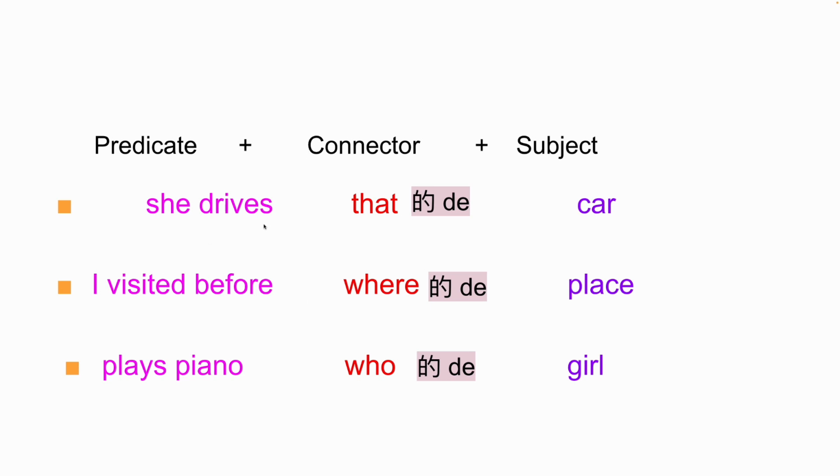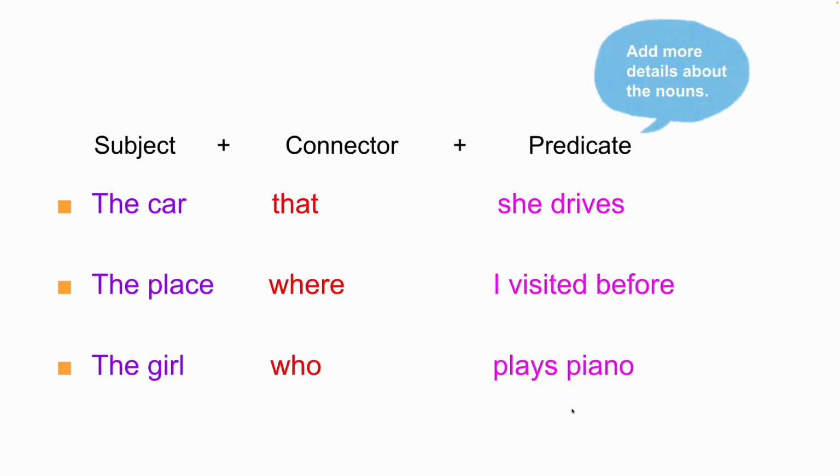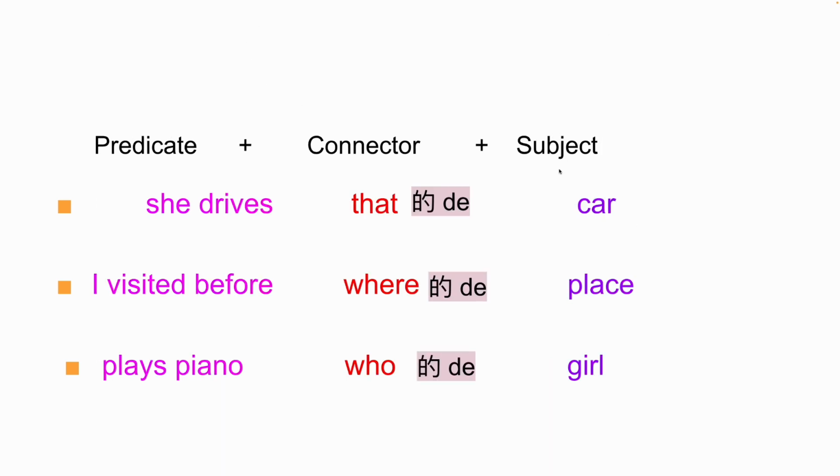She drives, 的, the car. That's how we translate the sentence from the car that she drives to Chinese. Sorry, let me go back here. So this is English, the car that she drives. But when we translate into Chinese, we put the predicate before the noun. She drives 的 the car. Remember, we only use 的 as a connector instead of using that, where, who.